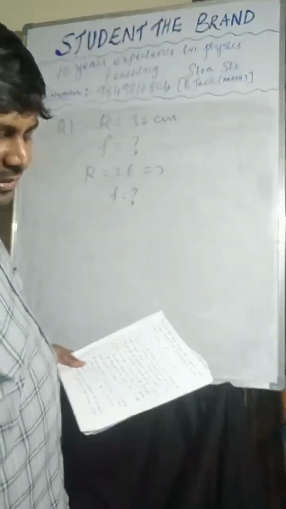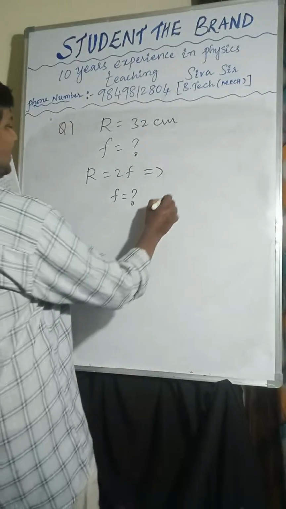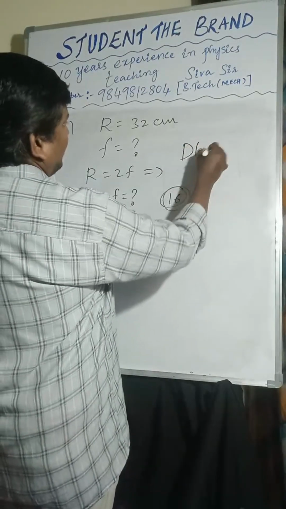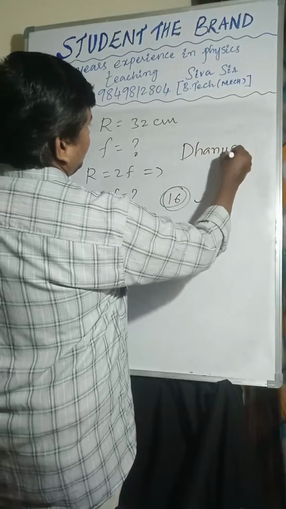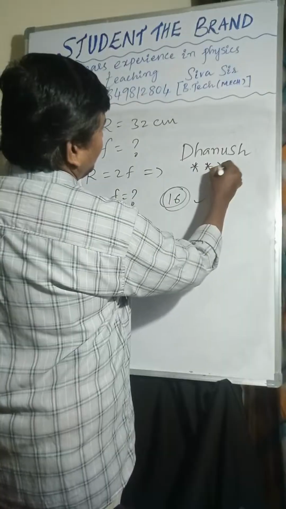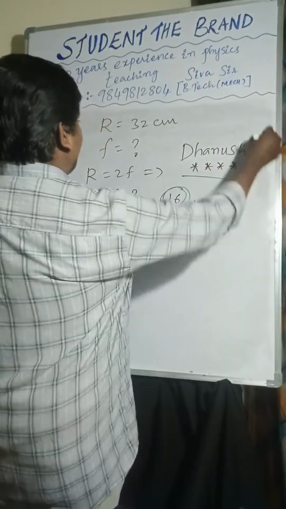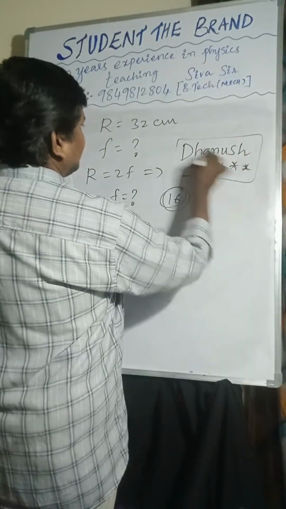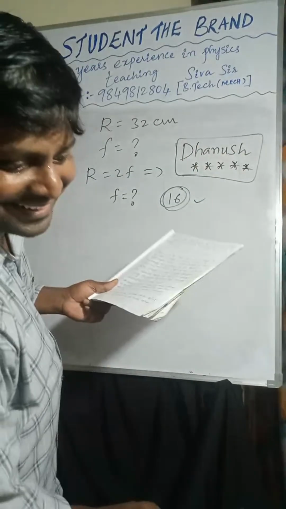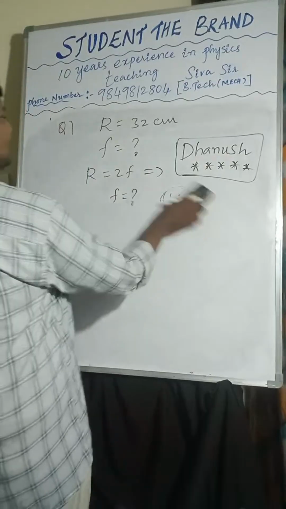Yes, 16 is the correct answer. So Dhanush, big round of applause. Dhanush, 5 star. Now onwards we will give a 5 star to whoever tells the answer. Not chocolate, 5 star. Okay, done. So next one.